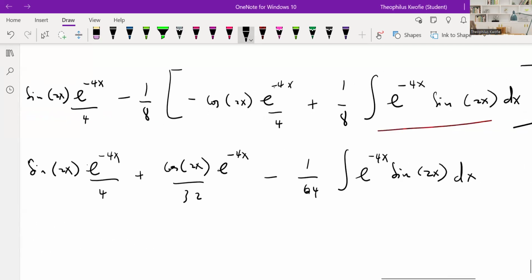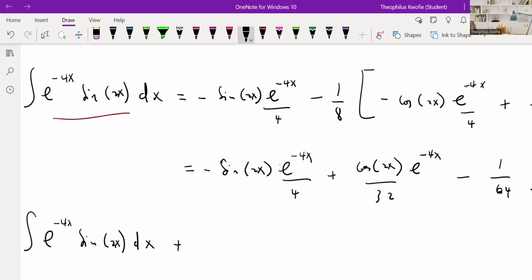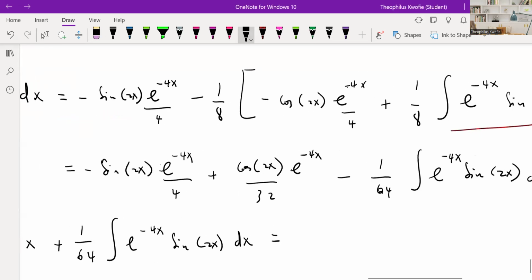Now what I'm having, I'm sending this over there. So by doing that, I need to add that on both sides to be equal to the cosine of that.